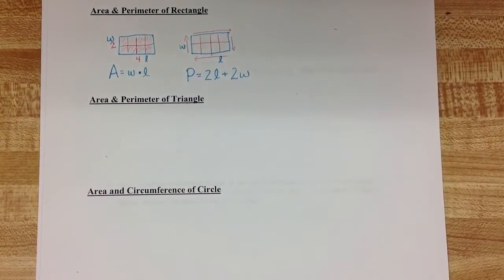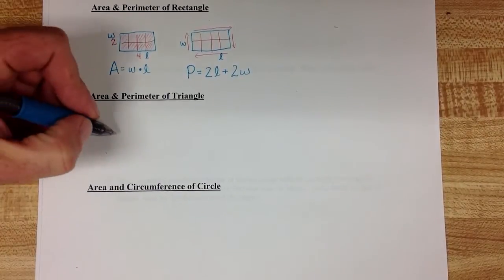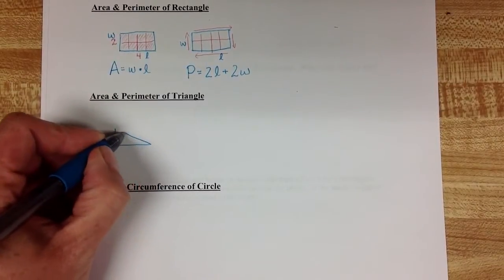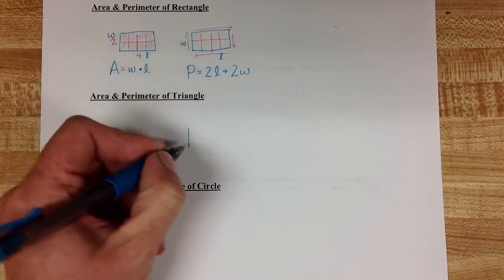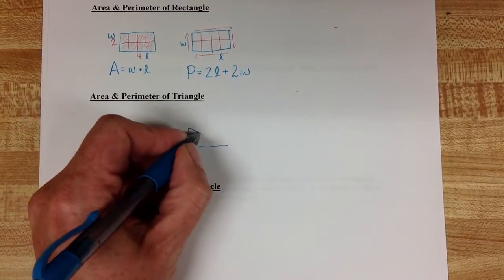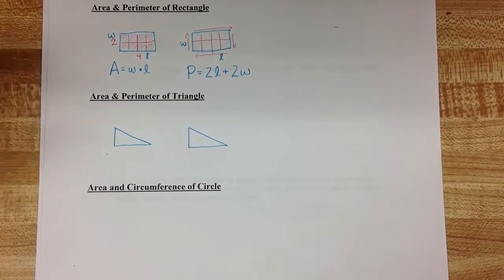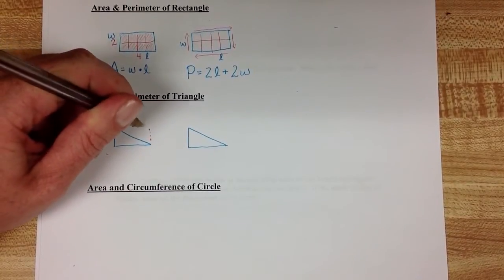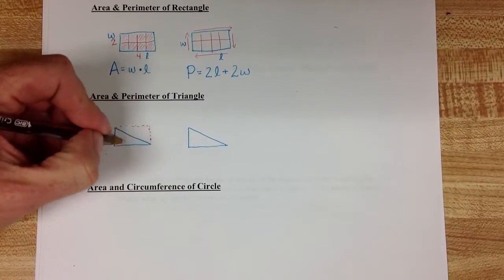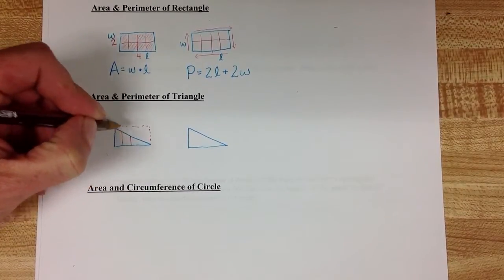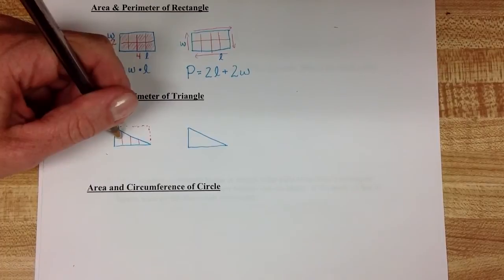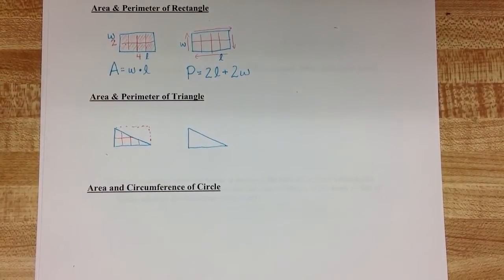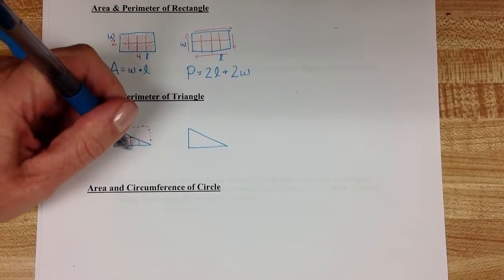Looking at area and perimeter of a triangle, I'm going to start with a triangle here that I want you to notice is really just half of the rectangle that we were looking at up at the top. And since it's half of the rectangle, that means it's going to have half of its area. We use different letters for some reason.